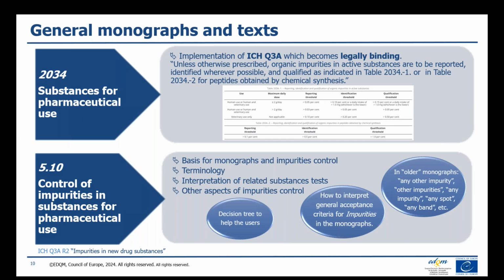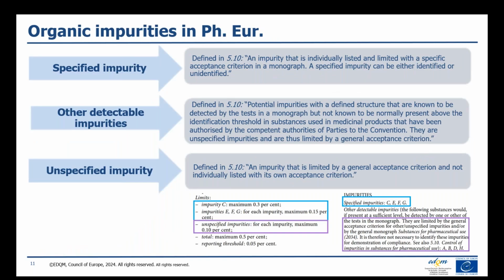As I say, in the general text 5.10, you can find some definitions. You will find the definition of specified impurities. A specified impurity is an impurity that is individually listed and limited with a specific acceptance criterion in a monograph.